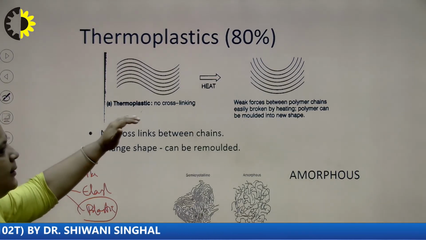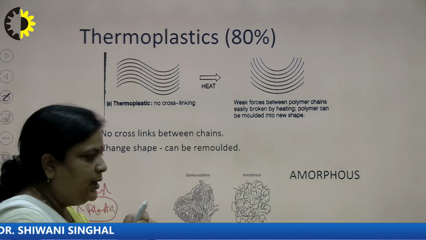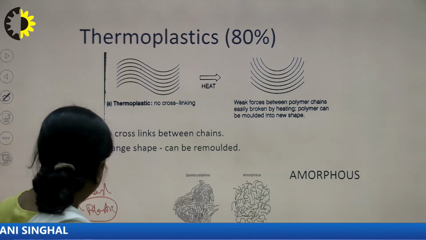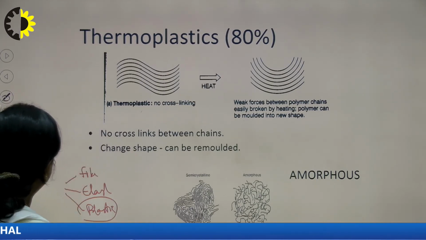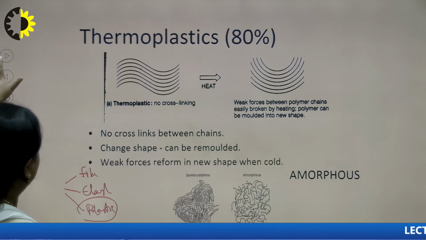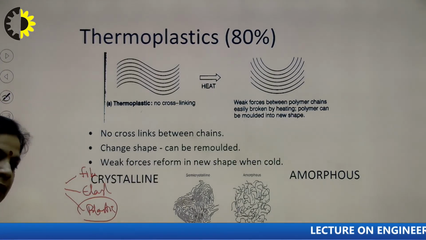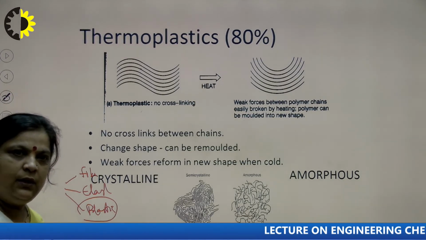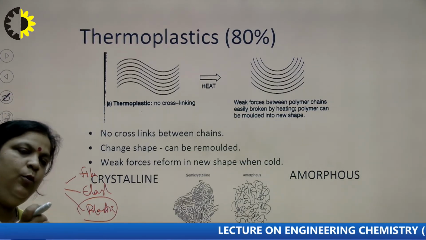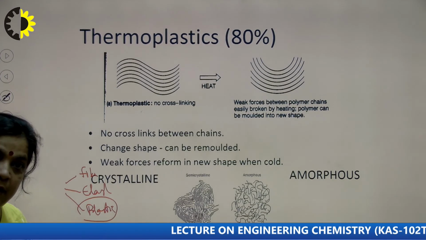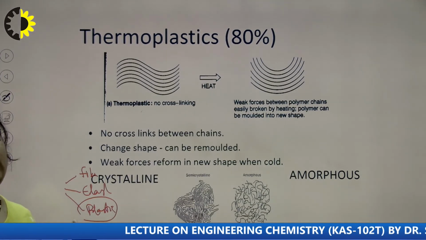Thermoplastic means basically those types of polymer where the chains are entangled or bonded with weak van der Waals forces.